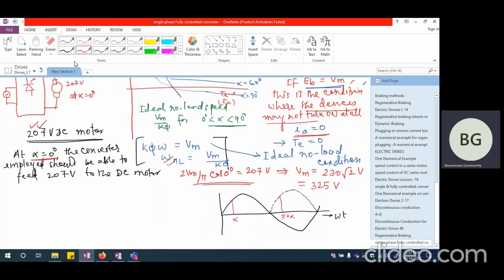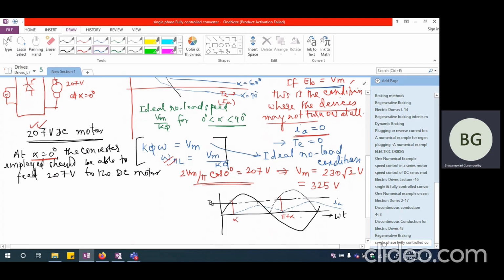Let us say the current is increasing from alpha and has reached the peak somewhere here. Maybe my back EMF is somewhere here, shown somewhat like this. This is the point where the intersection is happening. So the current might just touch 0 at this point, and from here it might again rise and then fall like this. So this is going to be I.